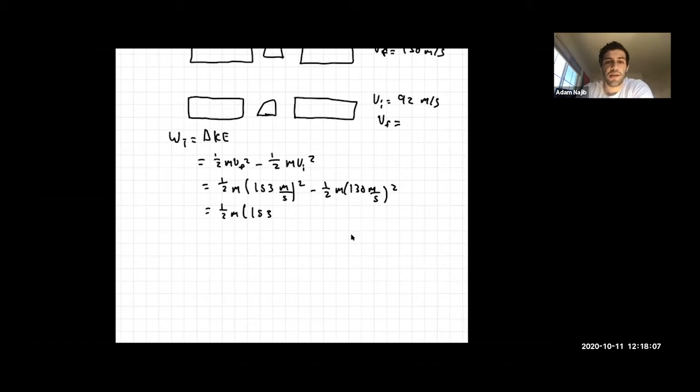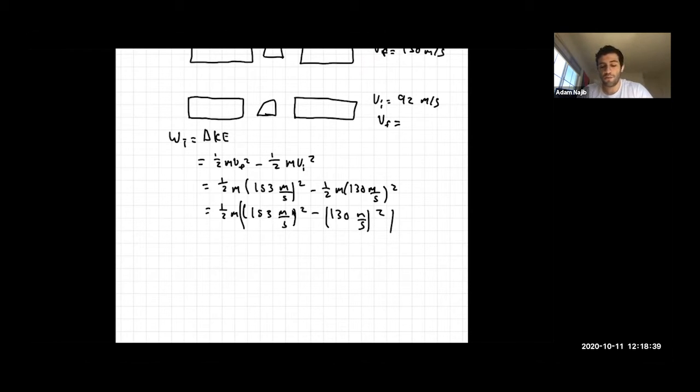I'm sorry, meters per second, and then the whole thing is squared, minus 130 meters per second, whole thing squared, and then surround that by parentheses because again, we did factor out that 1/2 m. And so what I'm going to do at this point is solve for that number on my calculator. So I'm going to pull out my calculator.